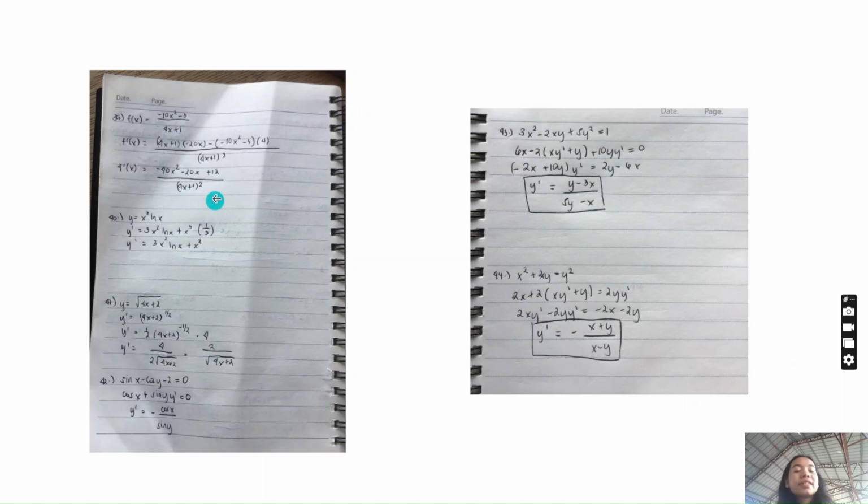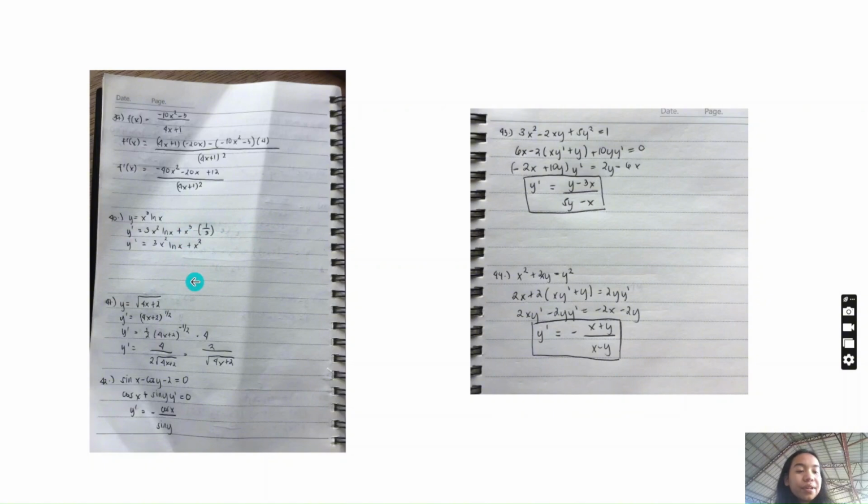And then we will just copy the denominator, which is 4x plus 1. And then with respect to the formula which has square on it, we will just put squared on our v, which is 4x plus 1 squared. And therefore, our answer is f prime of x equals negative 40x squared minus 20x plus 12 all over 4x plus 1 squared.